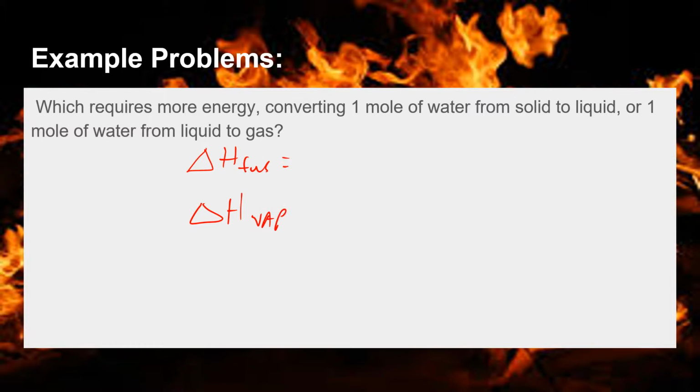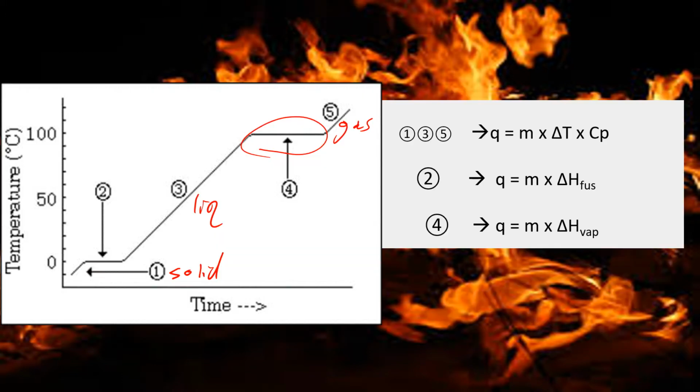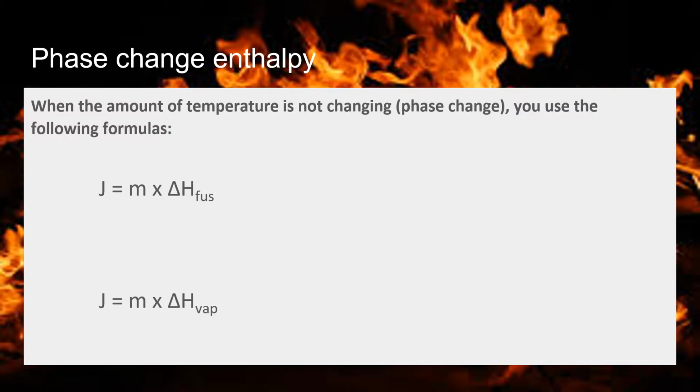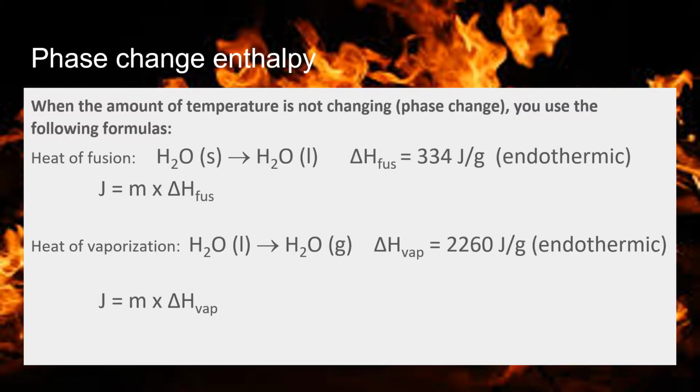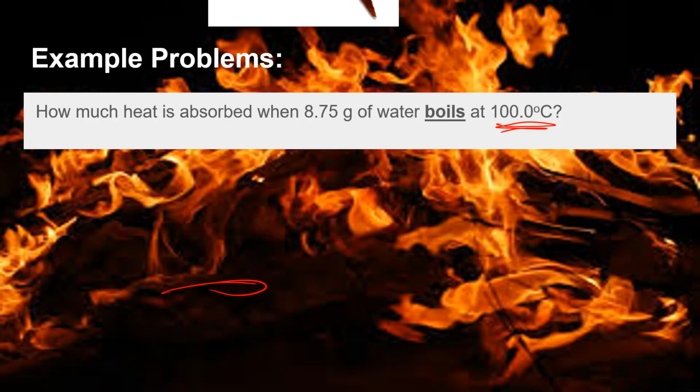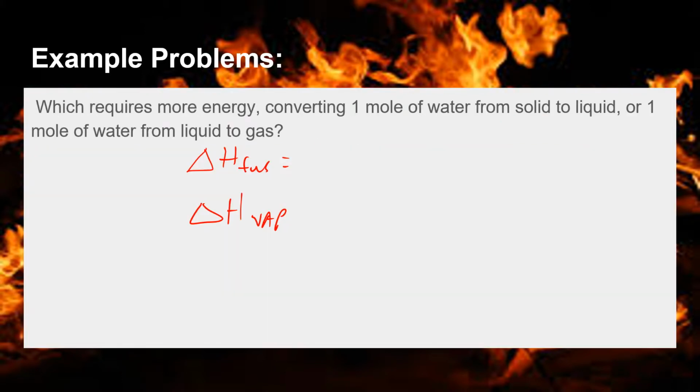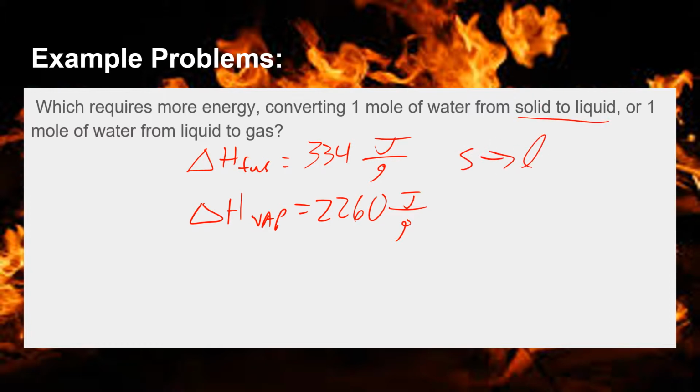Your delta H fusion was 334, or 2260 joules per gram. Joules per gram, right? Fusion has to do with solid to liquid, as we just saw from Game of Thrones, and liquid to gas, that is vaping. So liquid to gas is delta H vaporization.